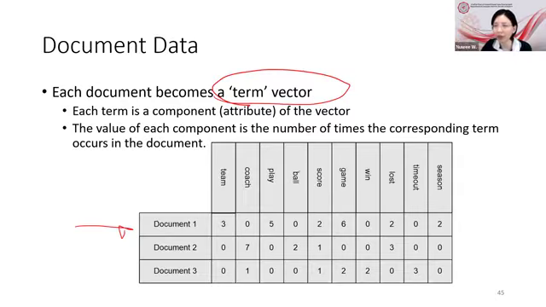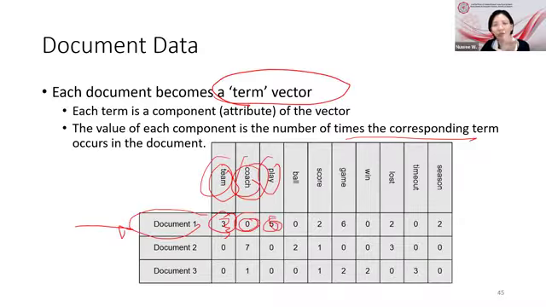Each term is a component of the vector, and the number in the vector contains the number of times that term occurs in the document. For example, in document 1, the term team appears 3 times. The term coach appears none. The term play appears 5 times in document 1. This is how it has been encoded.